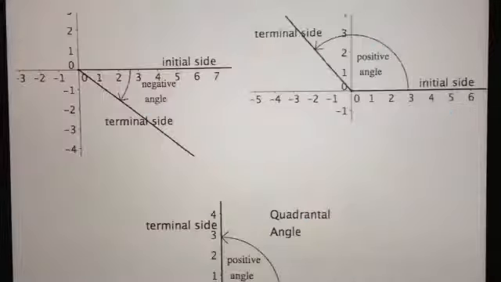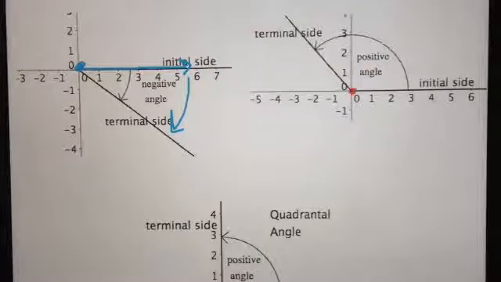All right, so now let's look at the pictures. So if you start at the vertex and have the initial ray on the positive x-axis, that is standard position. If your terminal side, so your rotating ray, moves this way, then you have a negative angle because you have moved in the clockwise direction.